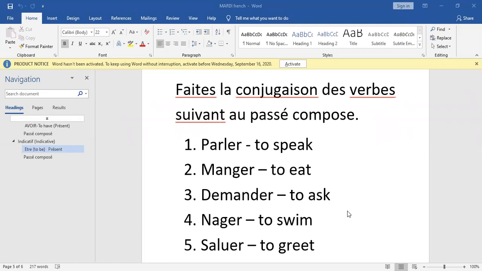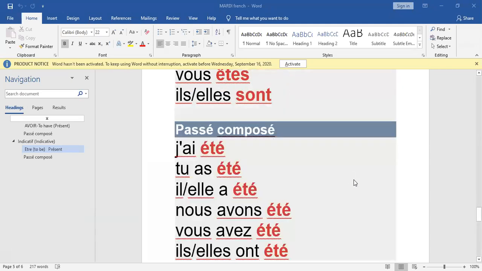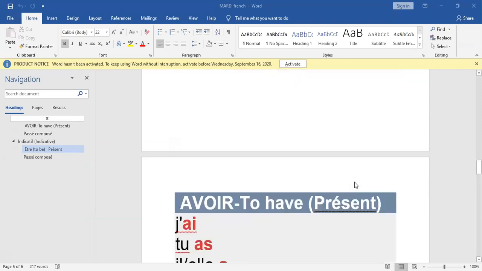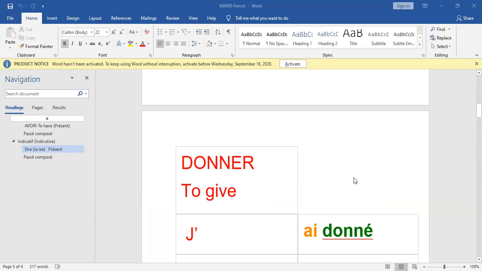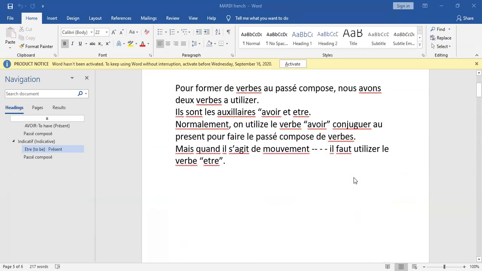Okay, a quick review of today's lesson. Remember, your topic is what? Passé composé. Past tense. And when we talk about past tense in French language, we simply talk about actions we have done in the past.